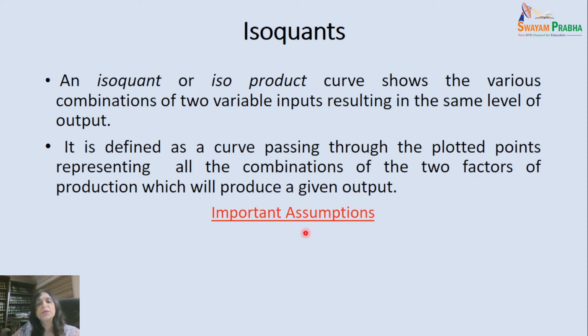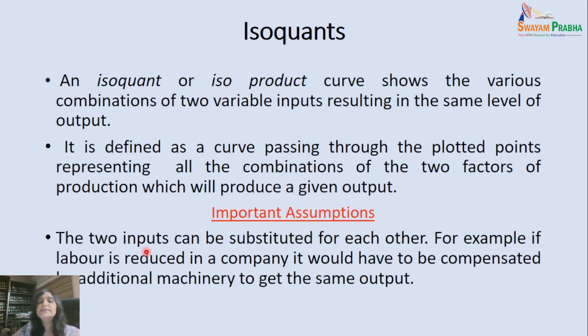Whenever we are talking about isoquants, there is an important assumption which we make. What is this? This assumption says that the two inputs can be substituted for each other. That is, instead of having less capital, you can have more labor. So capital and labor can be substituted for each other.